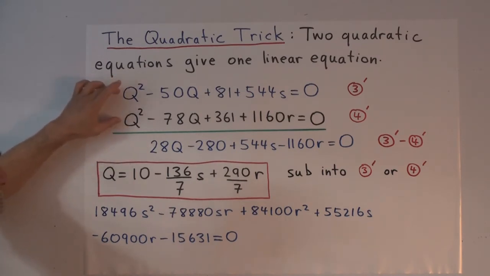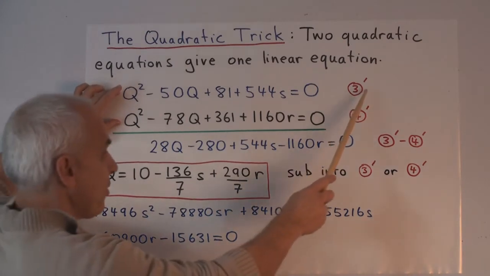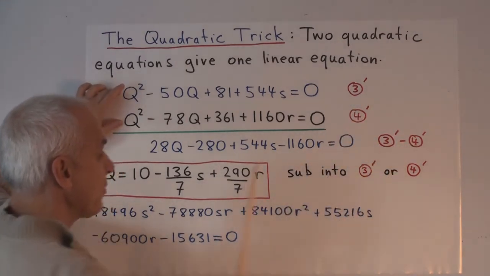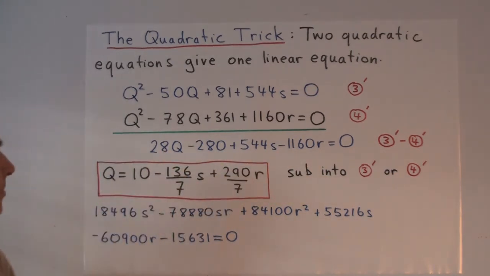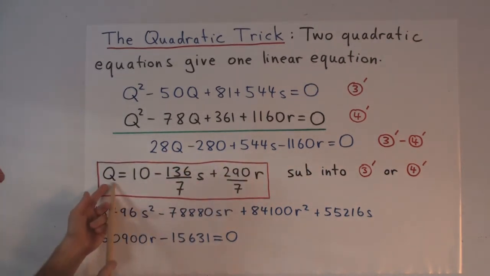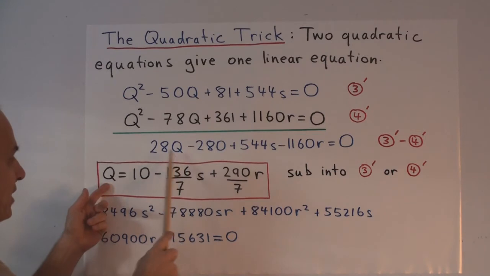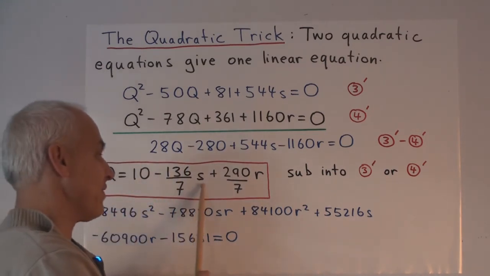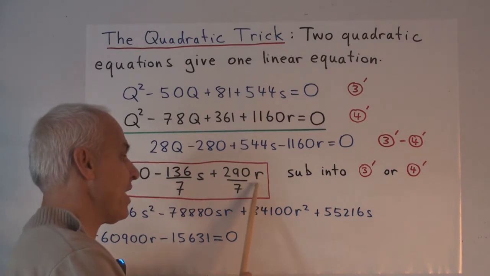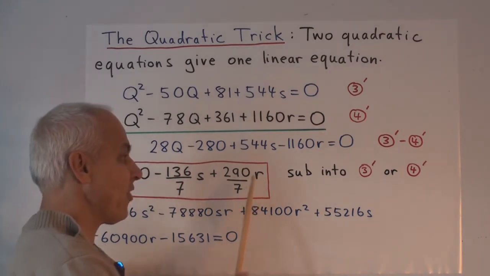But when we do it in this case, it's particularly simple. We just take equation 3 prime minus equation 4 prime, and we get this linear equation in Q. We can solve for Q, just bringing everything to the other side, dividing by 28, and we get 10 minus 136 over 7 times S plus 290 over 7 times R.